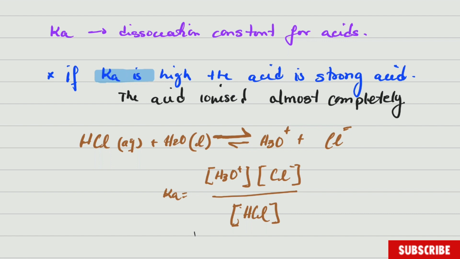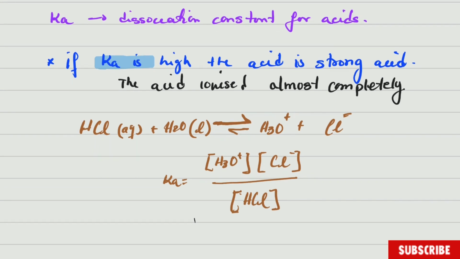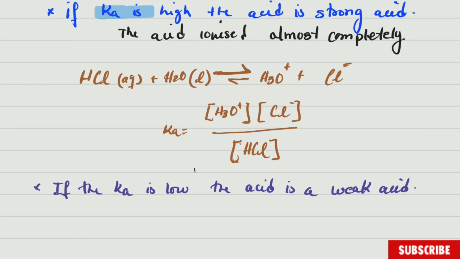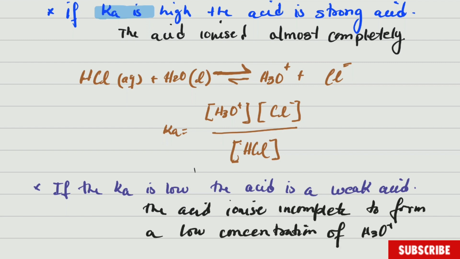If the Ka is low, we say the acid is a weak acid. You must learn that, okay? So what does it mean? The acid ionizes incompletely to form a low concentration of H3O plus.